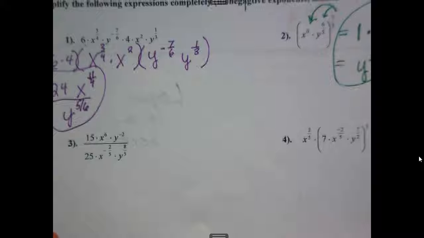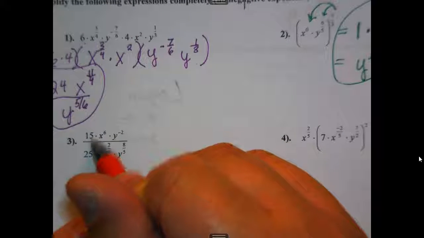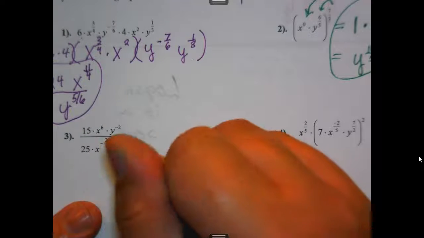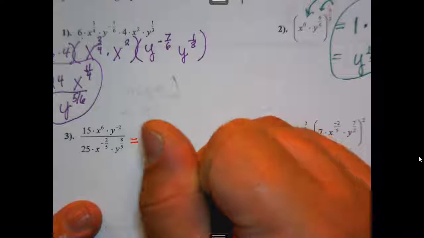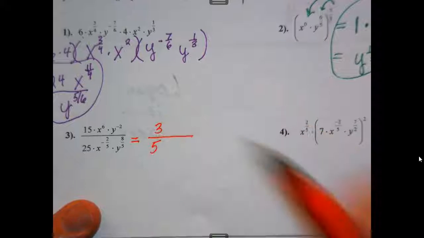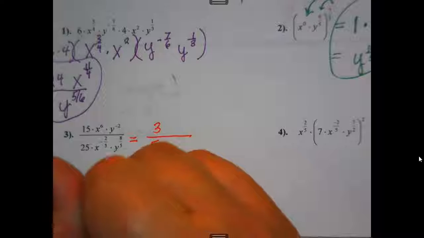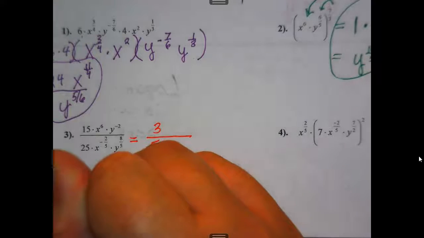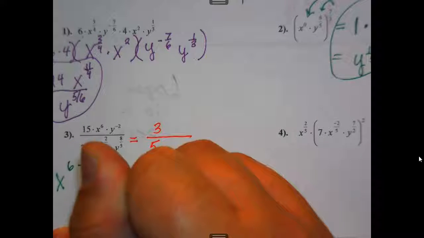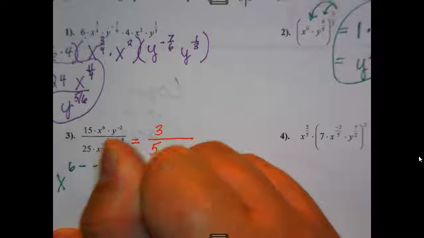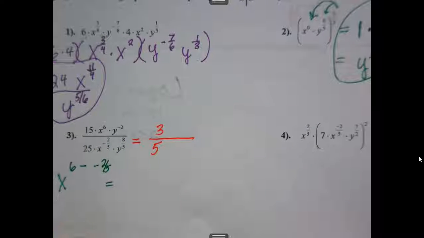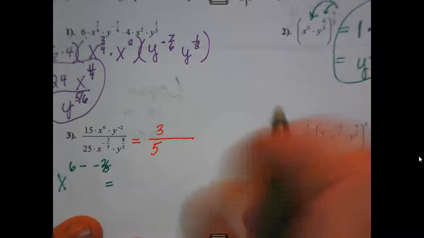Number 3. I can't divide 15 by 25, but I can reduce it to what? That's right, 3/5. X, we're subtracting 6 minus negative 2/5. What do I get? 32/5, right?